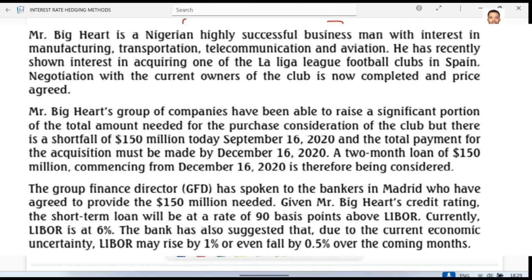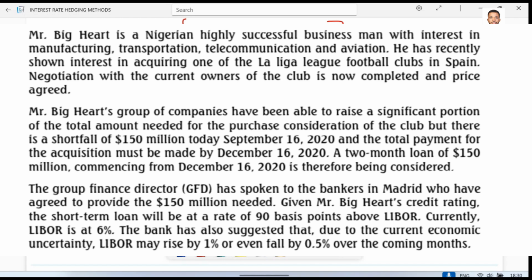You know, ICAN, they do research a lot. Okay. Negotiation with the current owners of the club is now completed and price agreed. Mr. Bigat's group of companies have been able to raise a significant portion of the total amount needed for the purchase consideration of the club. But there's a shortfall of $150 million.